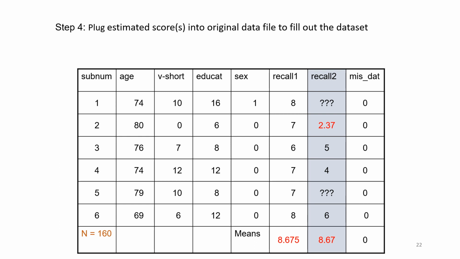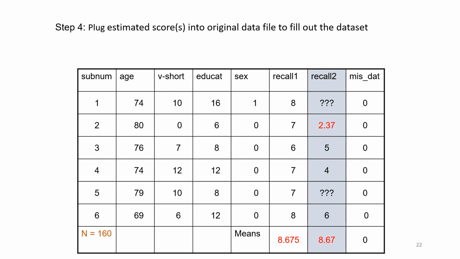So that is a demonstration of how you could use multiple regression to estimate the missing values. If you do that using SPSS software, actually, I'm sorry, SPSS doesn't provide single imputation, but other programs do.